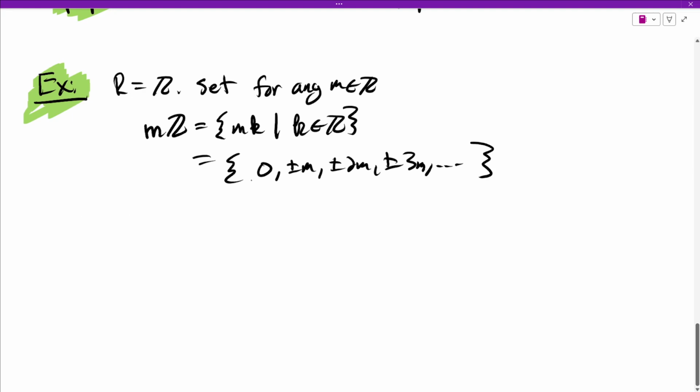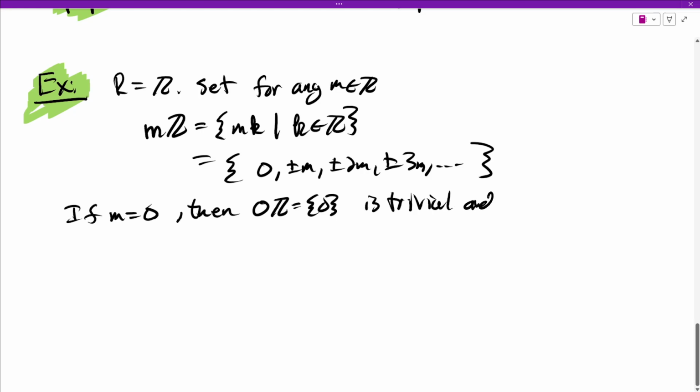In particular, let's use some of the language we learned. If m is 0, then 0Z is 0, which is trivial and proper. It's one of those trivial ideals.